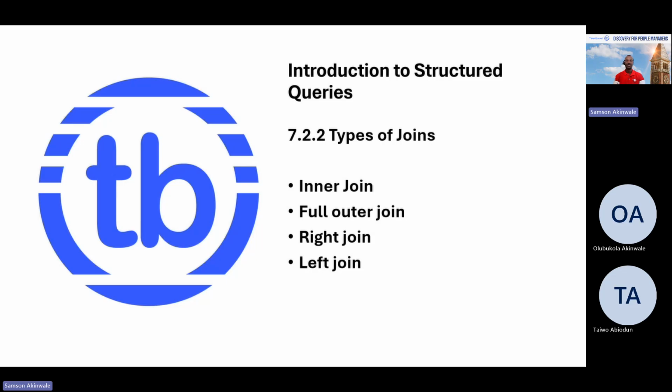So the moment you are merging entity A to B, it means the point of merging is the point where an element inside A is similar to an element inside B. And when you shade that area, that shows where there is a point of intersection. So inner join is simply telling us the point of intersection between two tables on the same database.